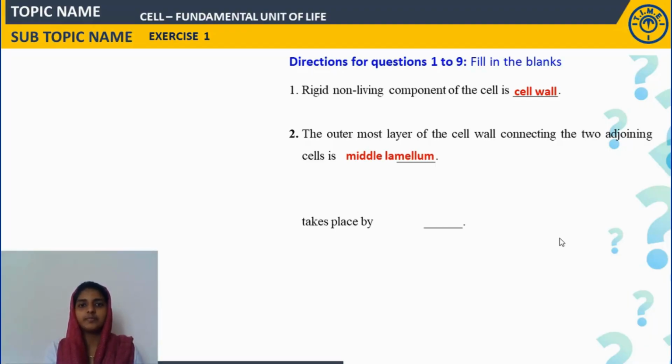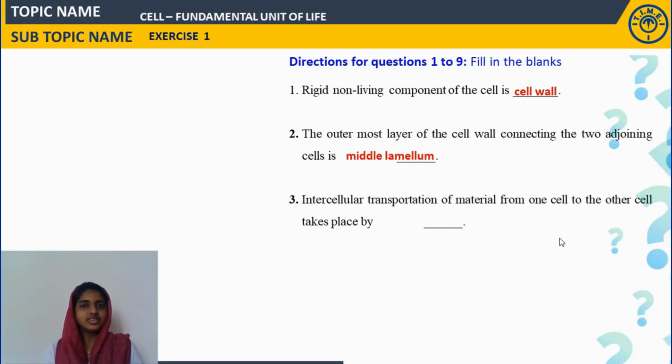Third question: intercellular transportation of material from one cell to other cell takes place by? Materials are transported from one cell to another cell. So, through which place does it take place?